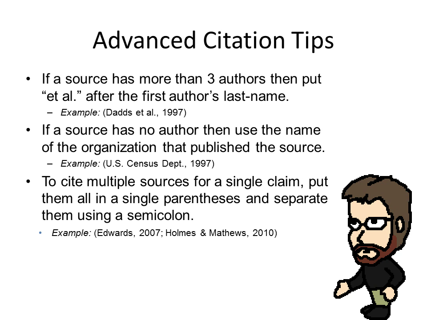So here's how that would look. In this example I'm showing you here, both Edwards and Holmes and Matthews are being used to support the same claim. And you'll find that you can do that quite frequently because there is a lot of agreement between various authors when it comes to certain issues.